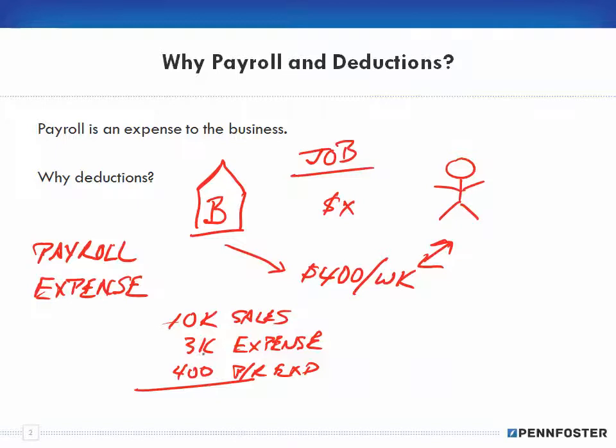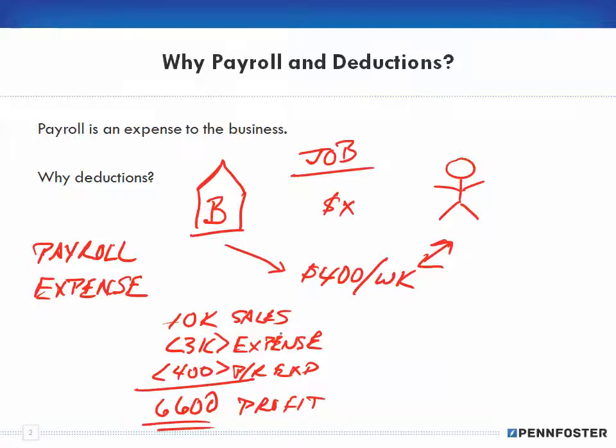Their bottom line is 3,400, which is $6,600 of profit, right? Because we're subtracting from the sales 3,000 in expenses. That takes us down to 7,000, less 400 gives us $6,600 in profit.